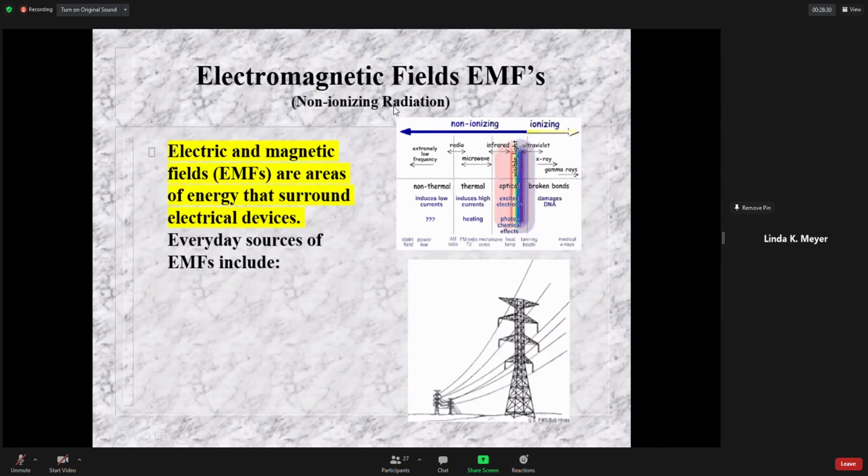Electromagnetic fields, again going back to the electromagnetic spectrum, are actually a type of non-ionizing radiation. EMFs are electric and magnetic fields that surround our electrical devices.